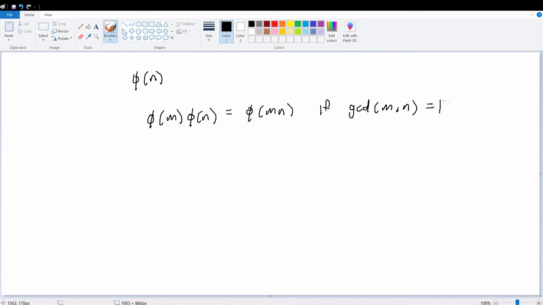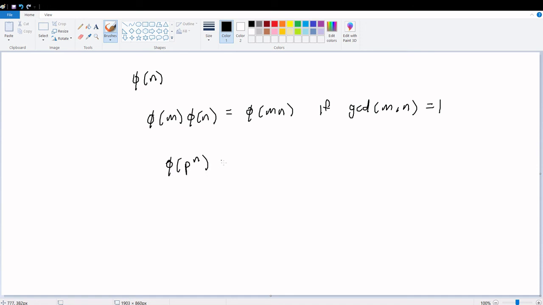Cool. What this tells us is that we only need to know how to calculate phi of primes and powers of primes, and then we can pretty much find phi of anything. Well, how do we calculate phi of a power of a prime?